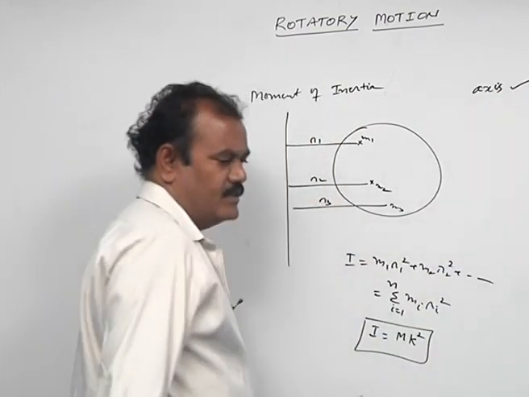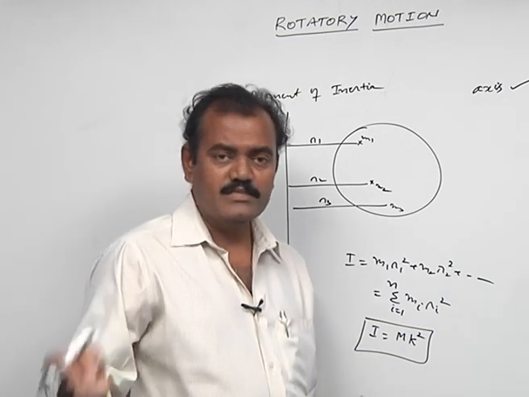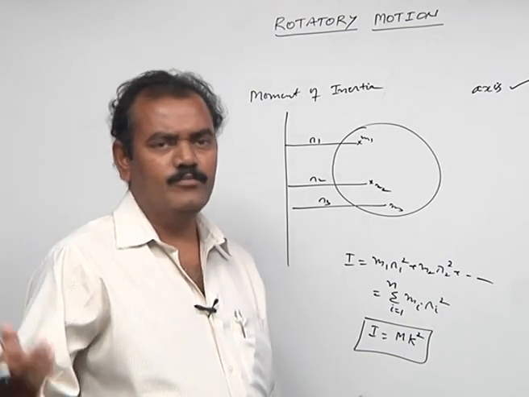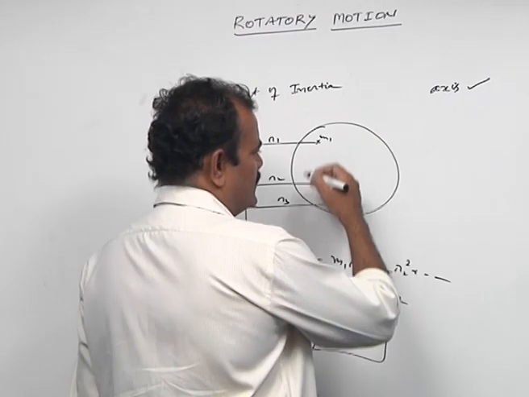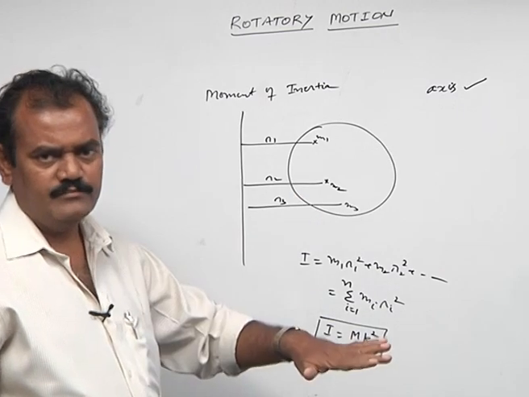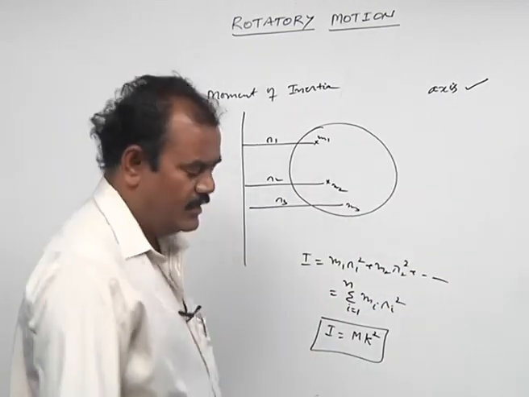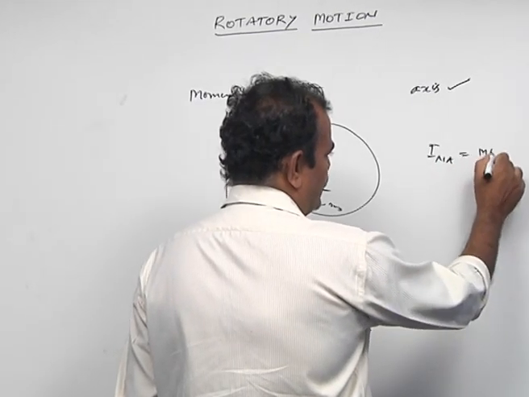The next one: here the axis is constant and the mass of the body is also constant, but depending on the shape of the body, the moment of inertia may change. For example, a circular disc having mass m, with the natural axis of rotation, has I_NA equal to mr square by 2.